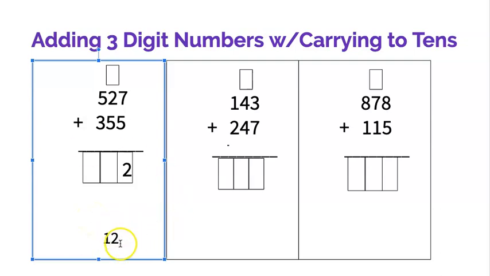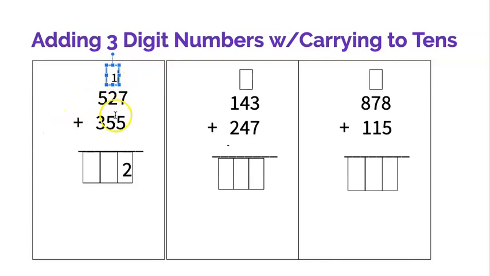The 2 is in the ones column, the 1 is in the tens column. That's why we put the 2 in the ones column, and then we carry the 1 to the tens column, because it has to stay in the right column. So put the 2 down here, carry the 1.